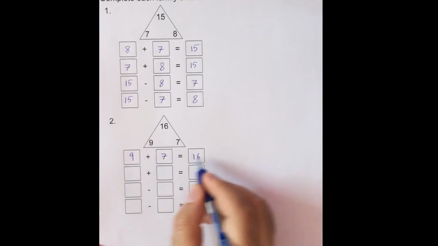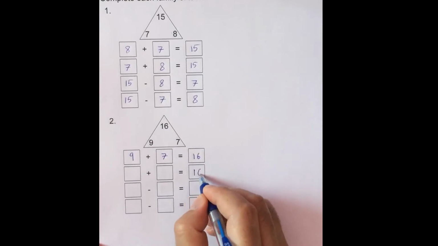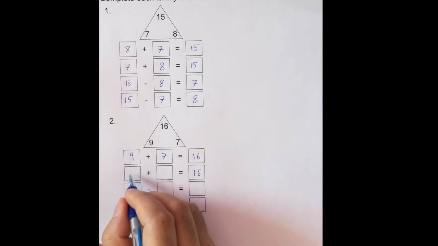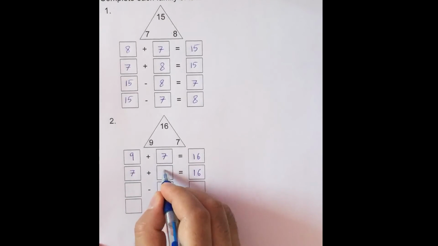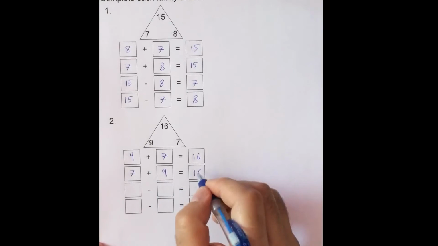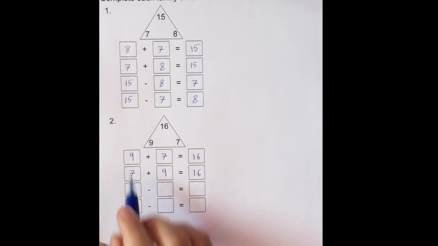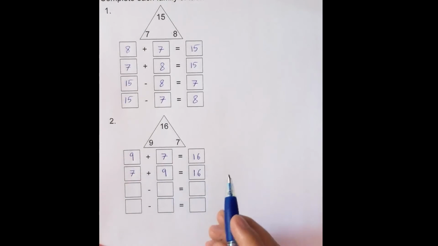So 9 plus 7 is 16. Again, you start with the answer, 16, and this time we switch these numbers, 7 plus 9. Because it's addition, it doesn't matter. As soon as you find one of them, the other two just go in their places.